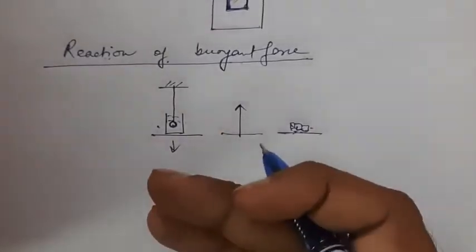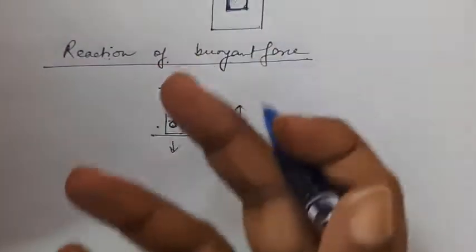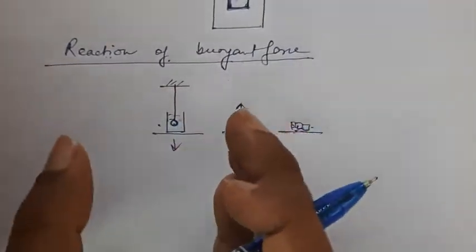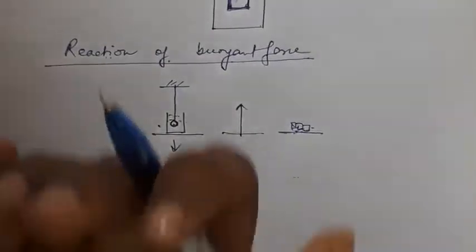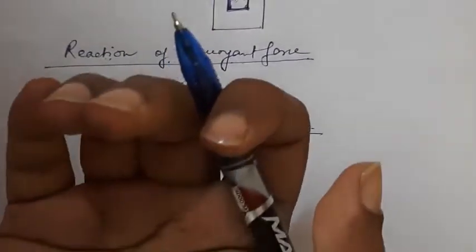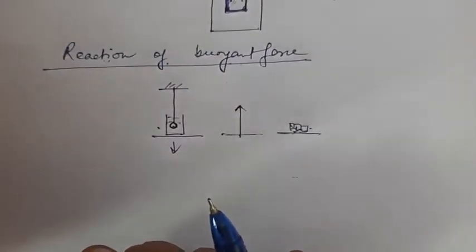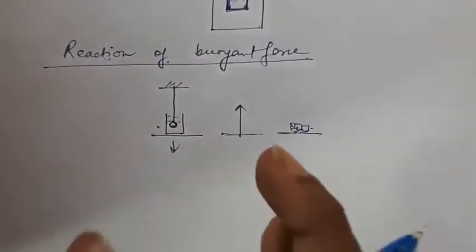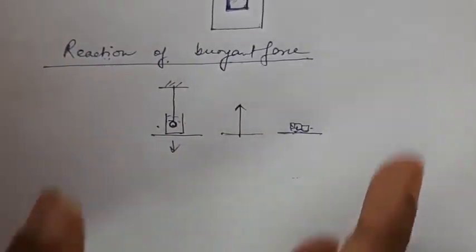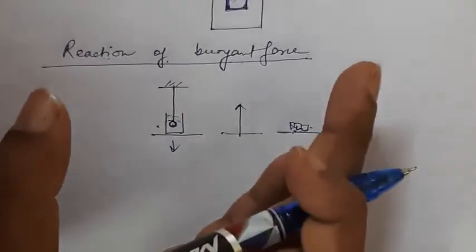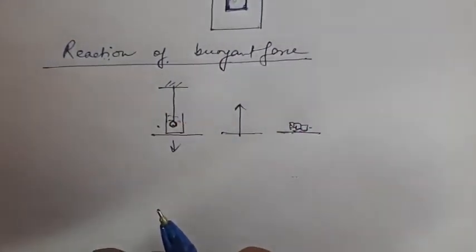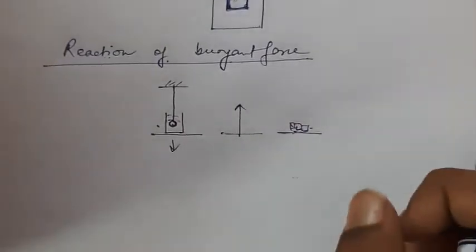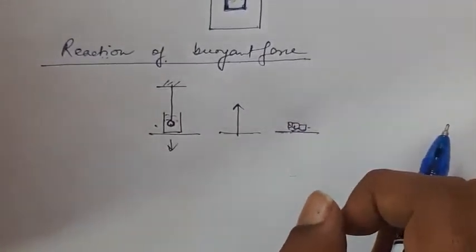As the liquid exerts an upthrust on the piece of iron, the piece of iron in turn applies a downward reaction on the liquid. I repeat, as the liquid exerts an upthrust on the piece of iron, the iron piece at the same time applies a downward reaction on the liquid. This reaction ultimately acts on the pan, hence it goes down.